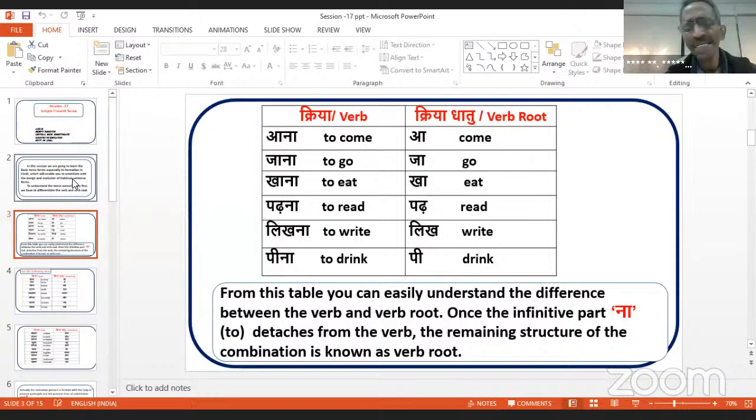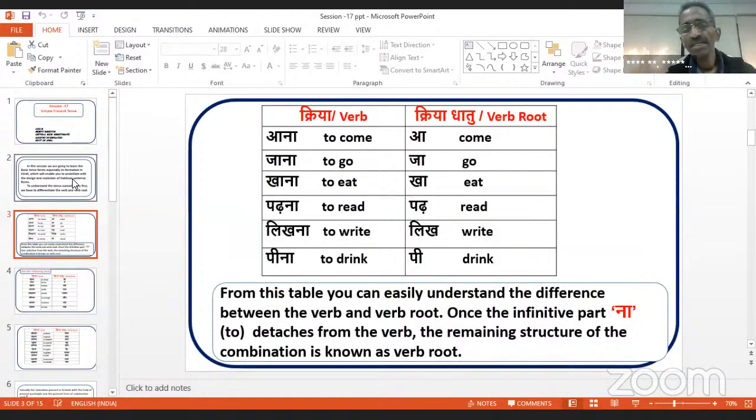So you can easily see and understand: the verb comes with na. In the verb root, there is no na. We detach that na from the verb, and automatically we get the verb root.